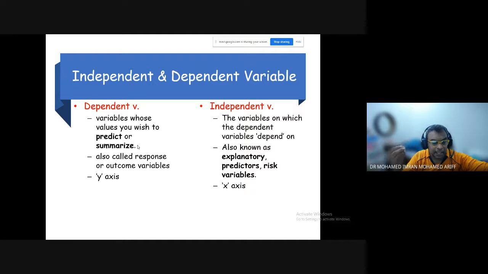Contohnya, exercise, fasting, and eating less cause losing weight. Okay, so losing weight itu satu dependent variable. And independent variables ialah exercise, puasa, and eating less. So we want to show that gabungan all these independent variables will cause the dependent variable untuk berubah.